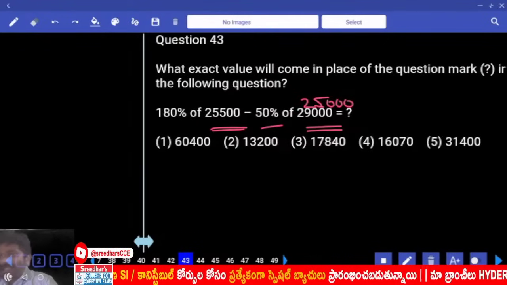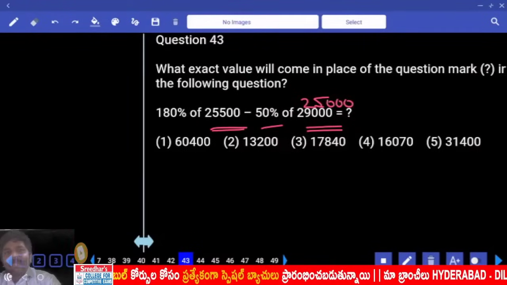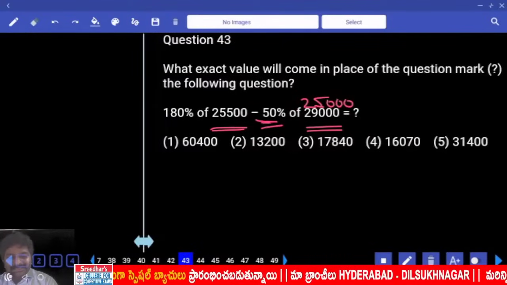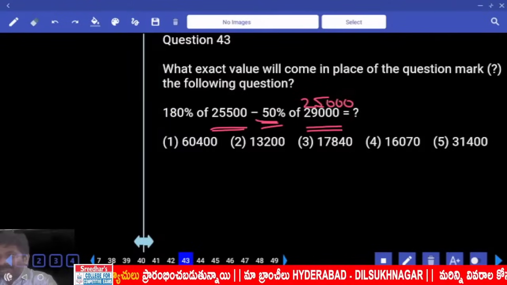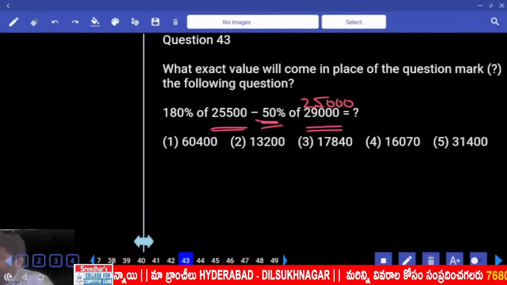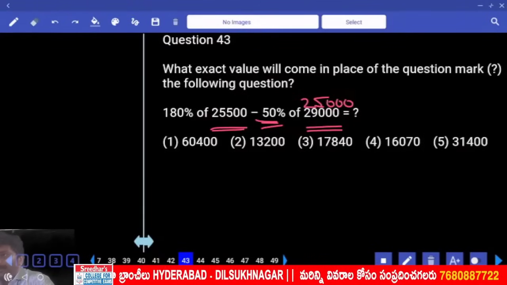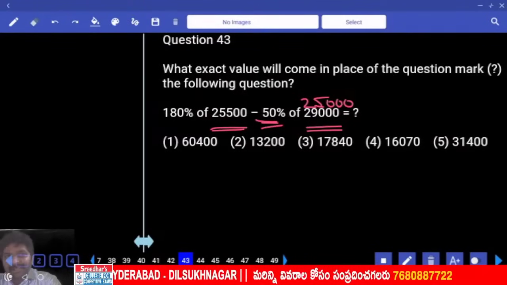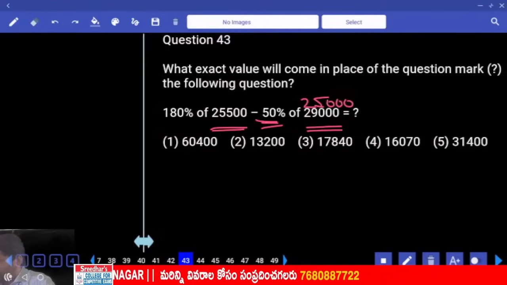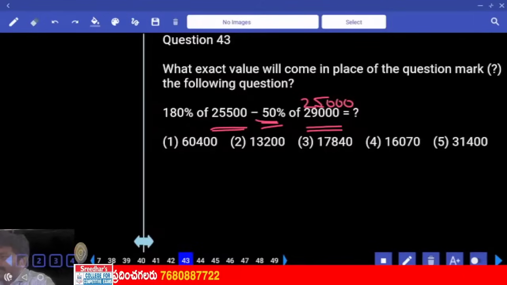Instead of 29,000, I would like to have 25,000 over there. So do I have to increase this 50% or decrease the 50%? So can I make it 60% approximate? Come on. So both numbers are nearly taken to 25,000. One is 180%, the other is close to 60%. Not exact, approximates only. So answer should be 120% of 25,000.